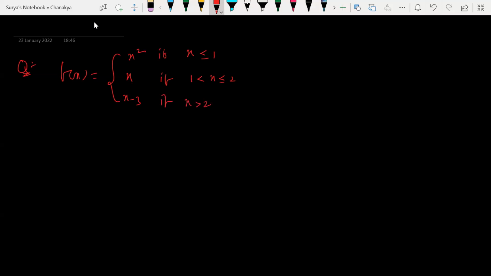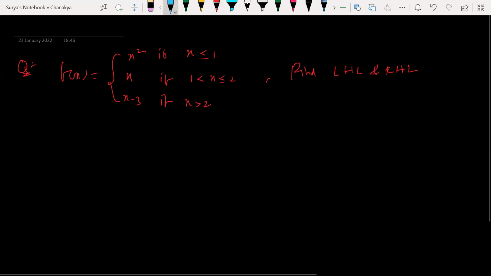And the function is breaking at a is equal to 2, which means he's asking us to check whether the limit exists or not.